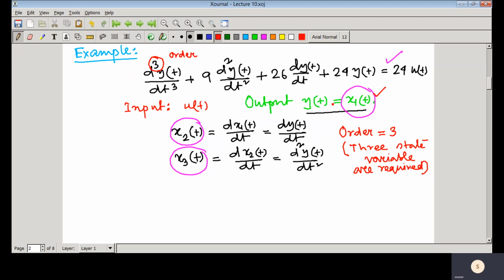So suppose that the output is one state variable, then you define the other two state variables in that way.